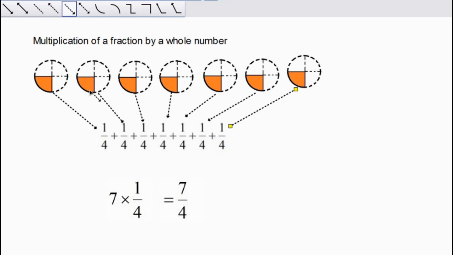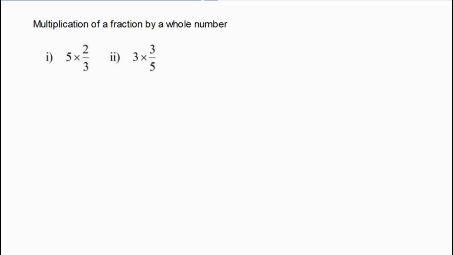So what we know from here is if we multiplied a fraction by a whole number, then we just multiplied the multiplier, in this case is 7, with numerator, and then we can get the answer. So 7 times 1 by 4 is 7 by 4.